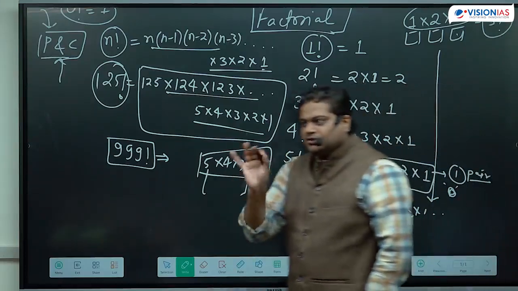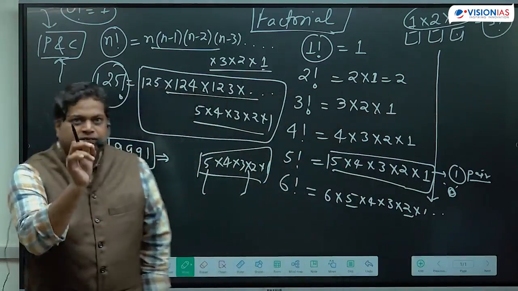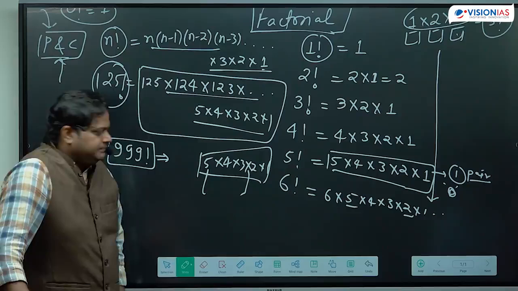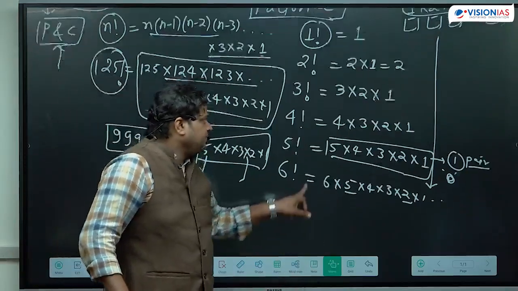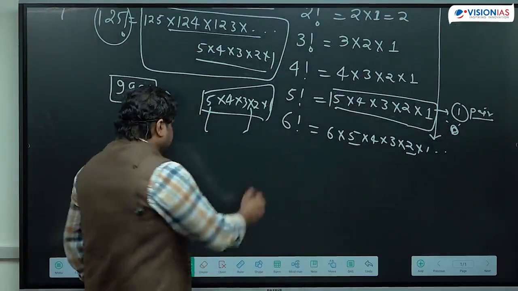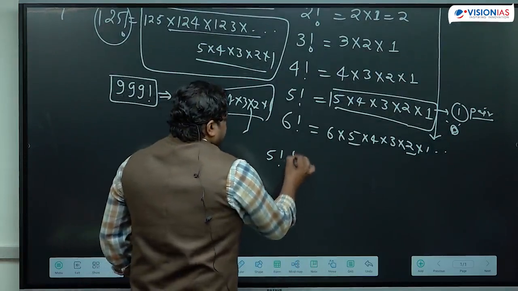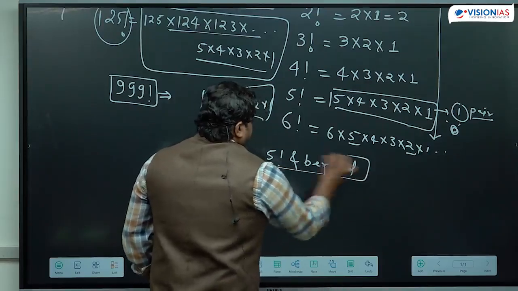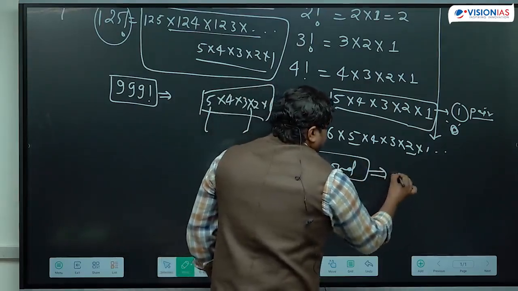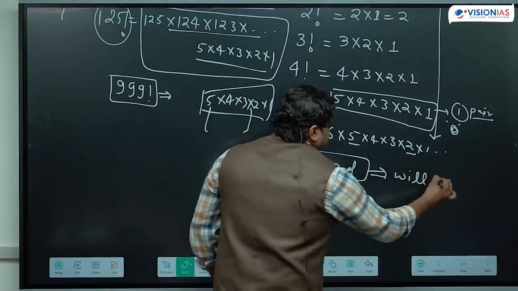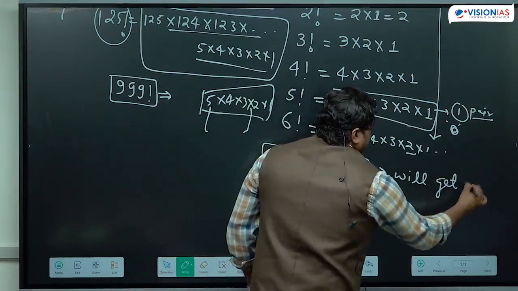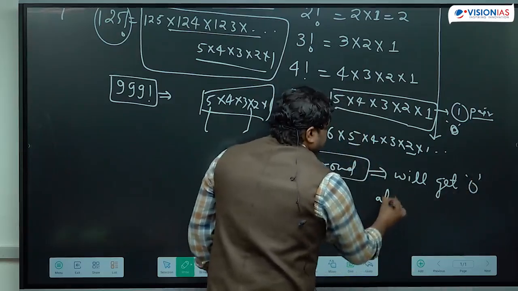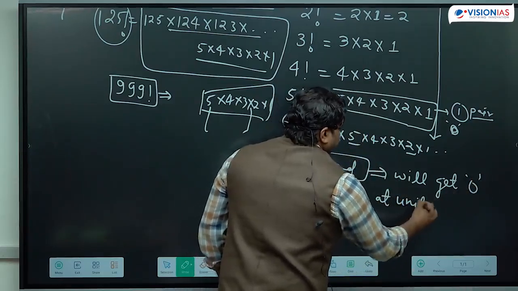So we can have this observation कि 5 factorial and beyond, every time we will get 0 at unit place or not?